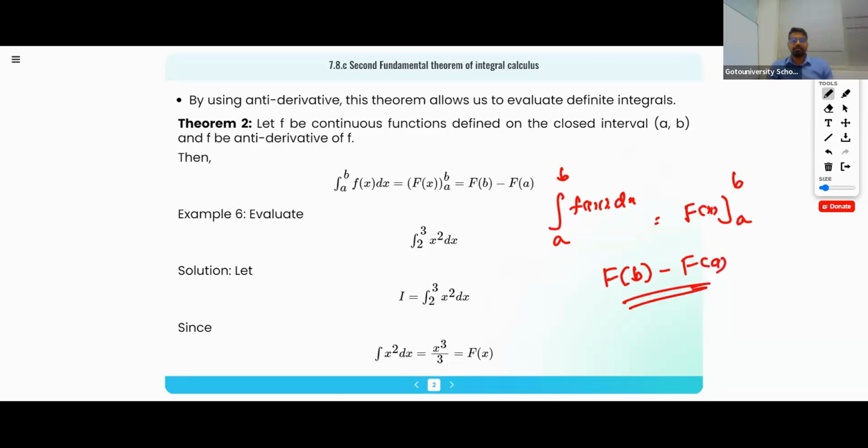What we get is our area. So let f be a continuous function defined on the closed interval [a, b], and F be an antiderivative of f. Then we have this. Just like the examples I gave, if we know the value, we can substitute and get the value as it is.